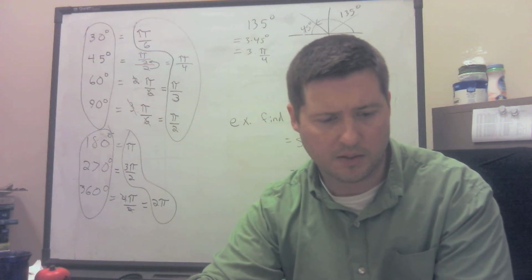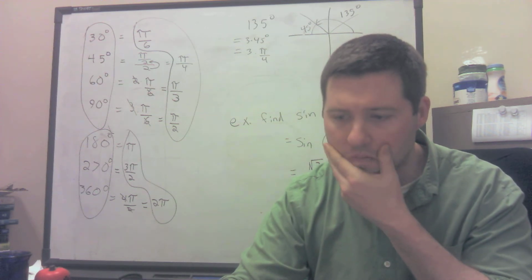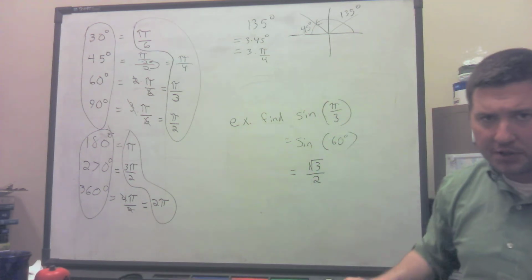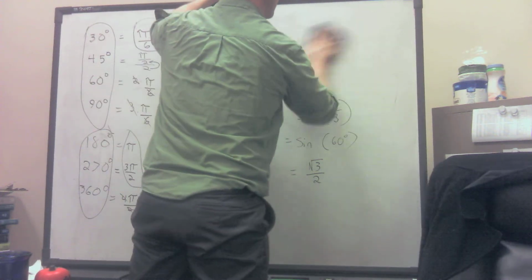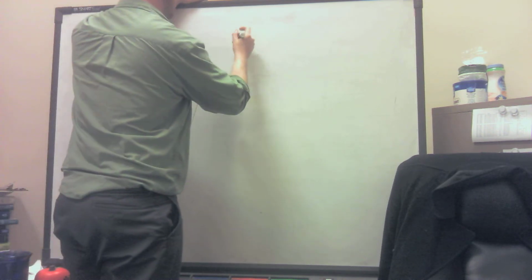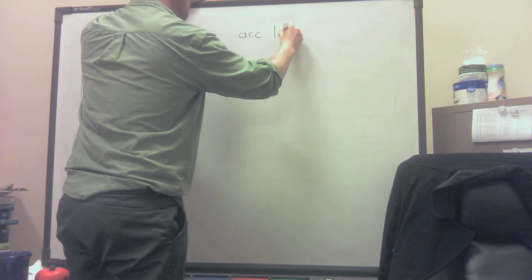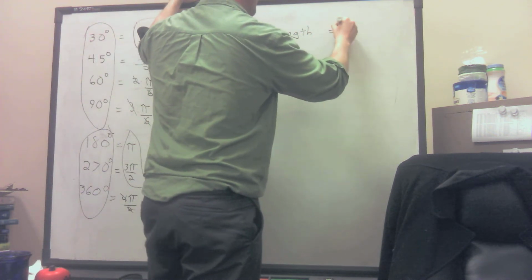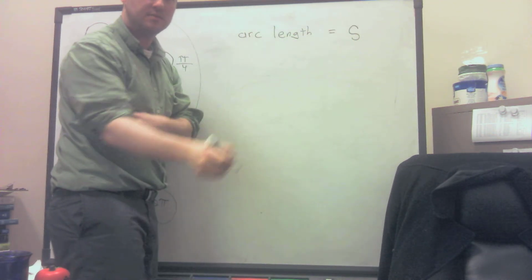Anything else I wanted to talk about for these? Yeah, there's some vocabulary I wanted to very quickly go over. That's arc length. Now, the variable your text uses for this is s.